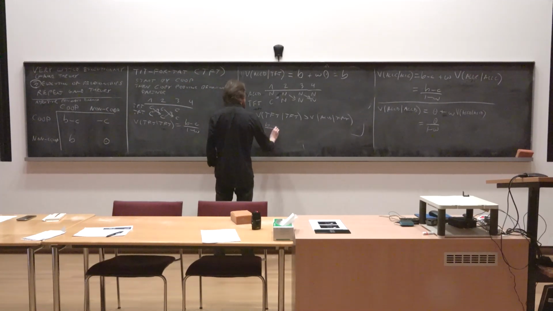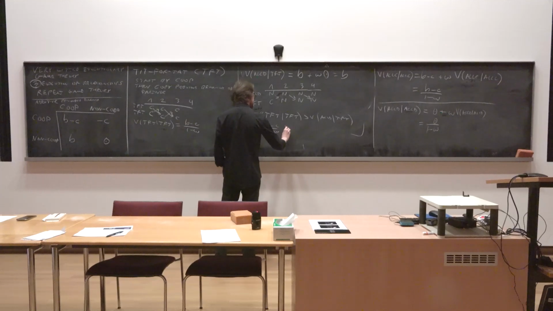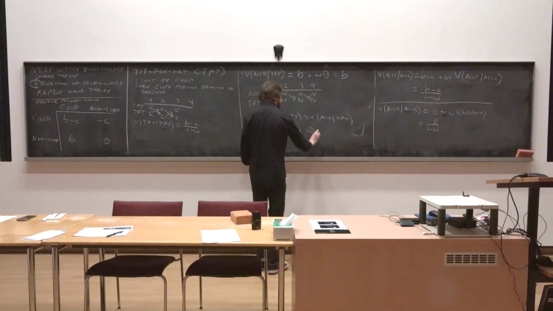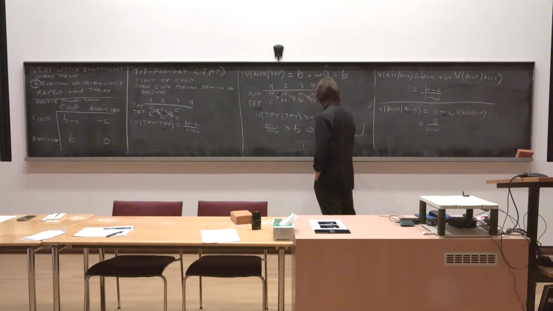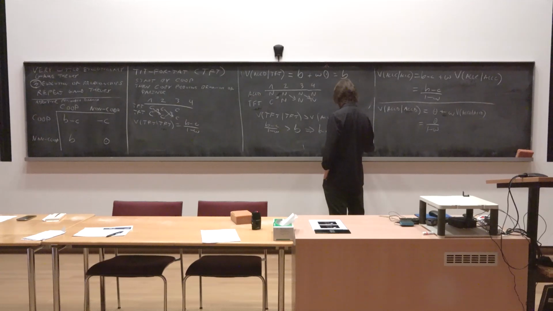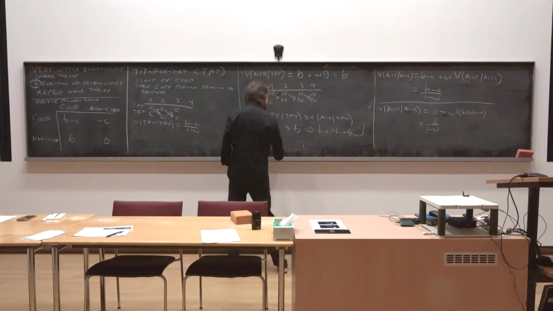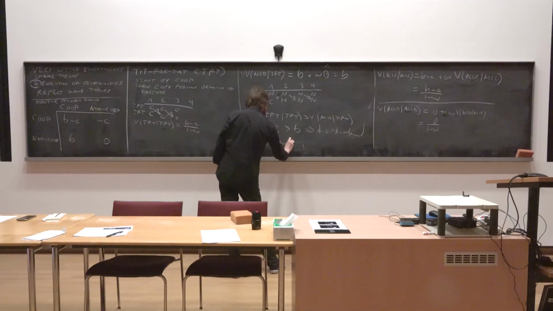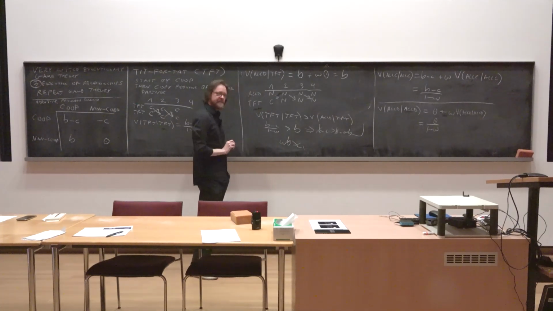So that's B minus C over 1 minus W, greater than B. I can make this B minus C greater than B minus WB. The B's cancel. We get WB greater than C.